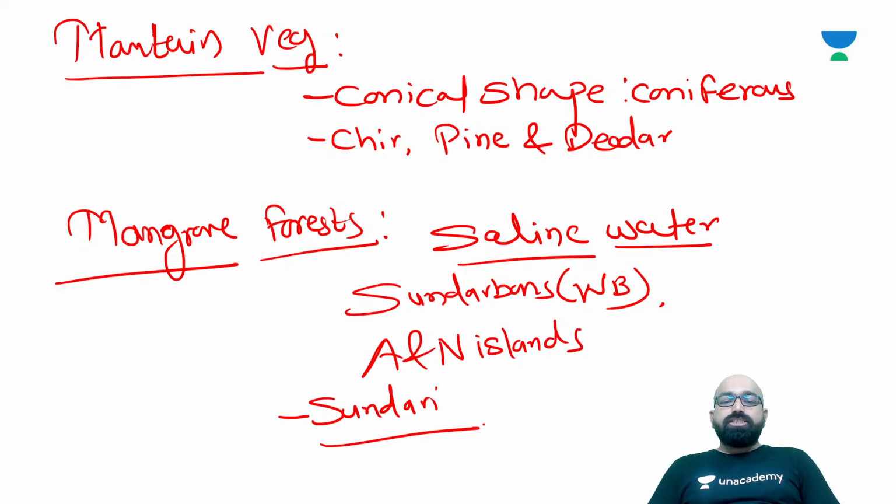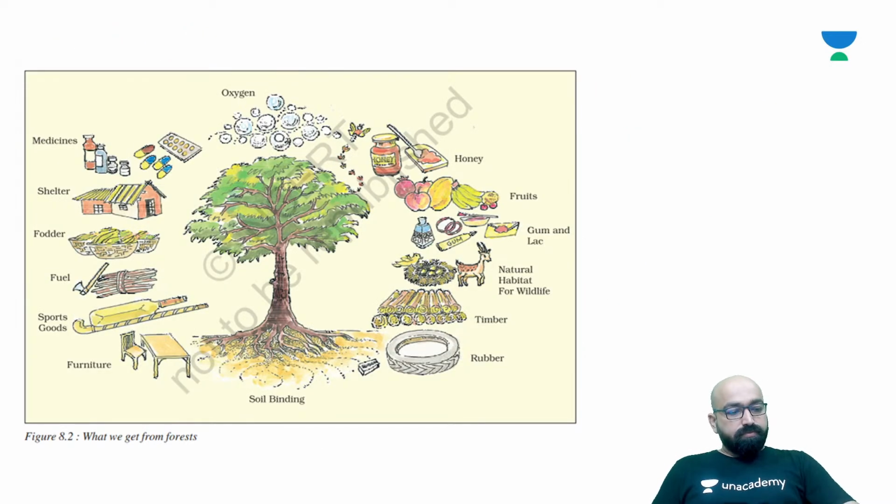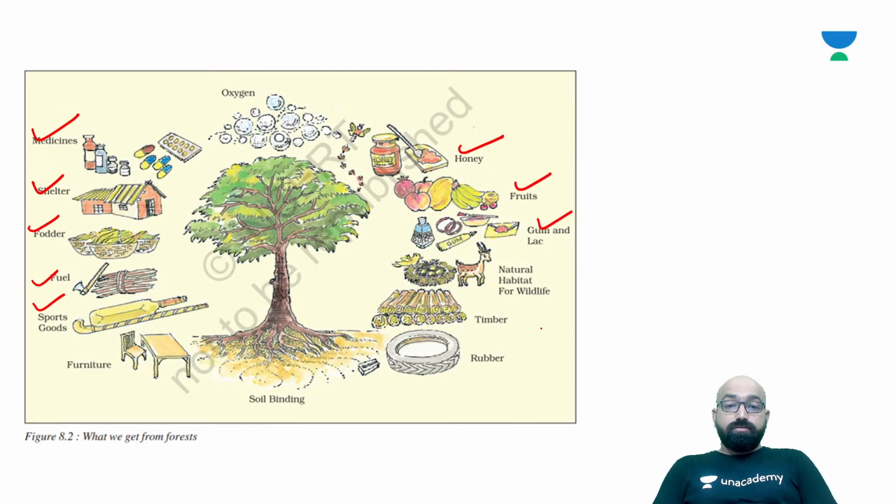So, forests provide us with timber for furniture, fuel wood, fodder, shelter, medicinal plants, herbs, lac, honey, and gum, fruits.